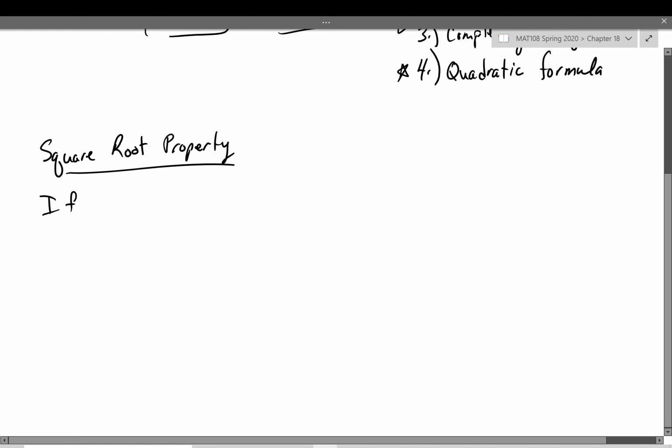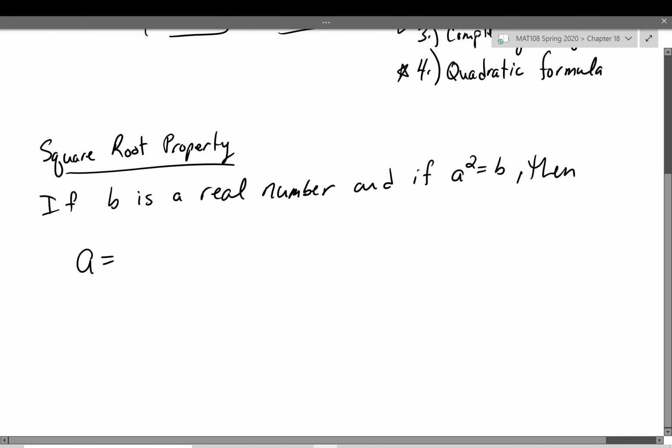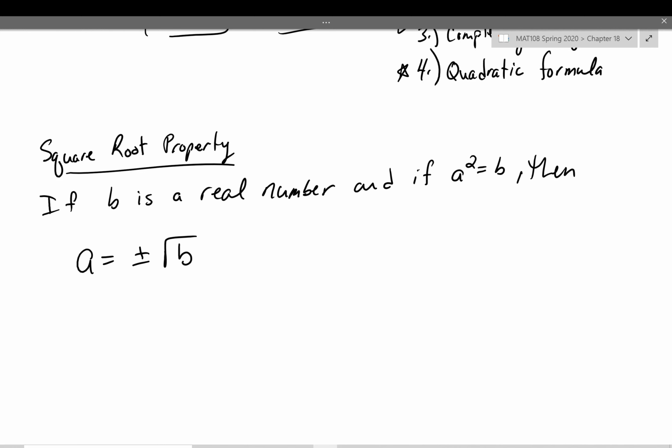So if b is a real number, and if a squared equals b, then a equals plus or minus the square root of b. This is a conditional statement, meaning you have to have the first part in order to do the second part.